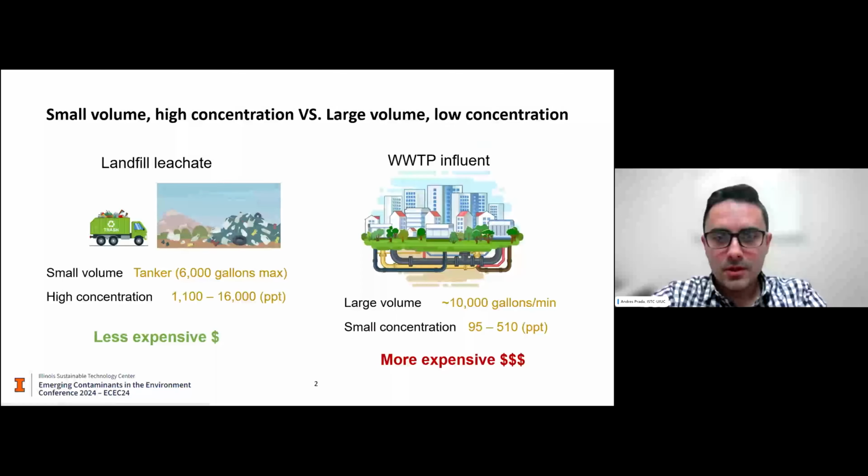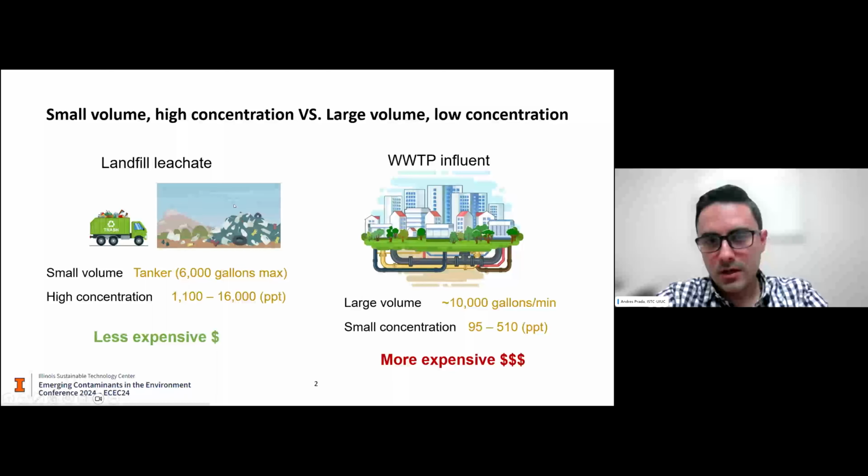But then how do we actually treat them for PFAS? We have to think that treating a small volume is less expensive than a high volume.